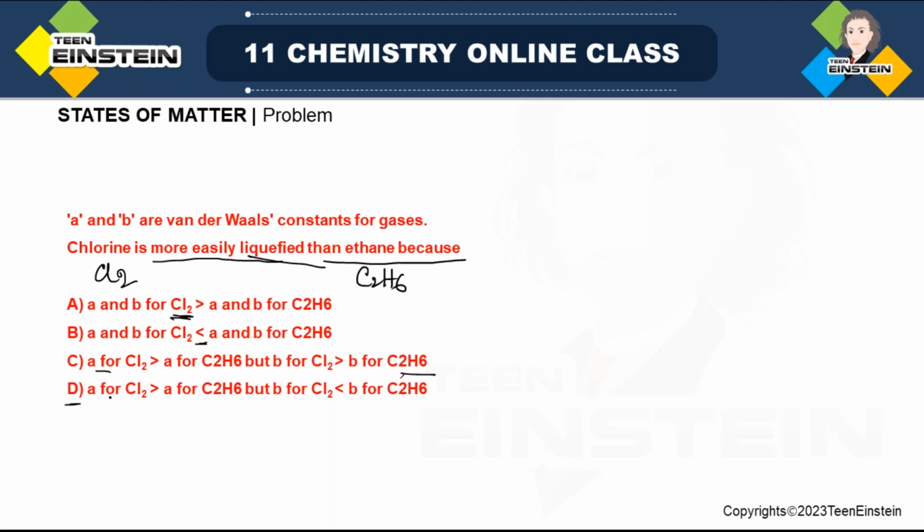Now what is the relationship with A and B? A means, when the value of A is very high, that means intermolecular interaction is very high. And the value B is actually the measure of the volume which is occupied by the particles of gas only. Fine.